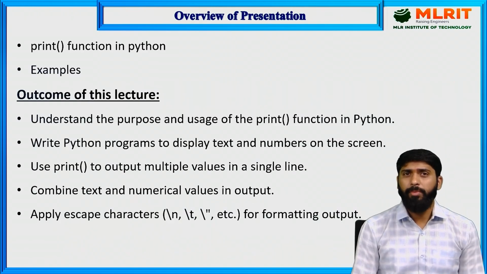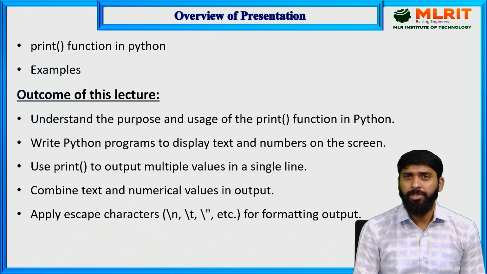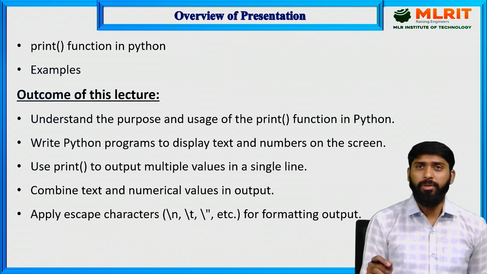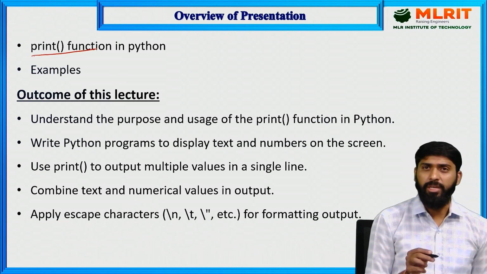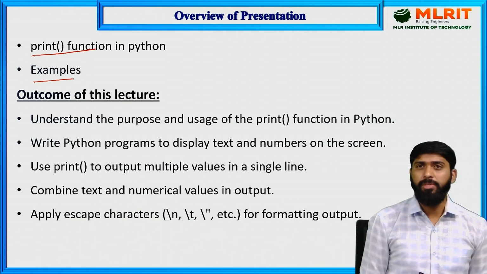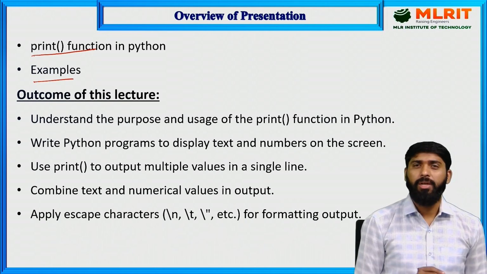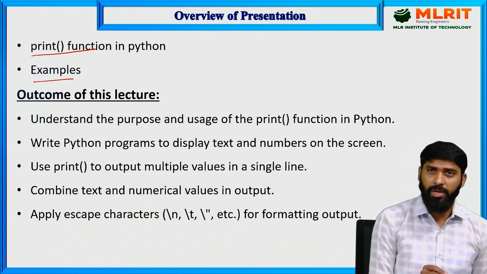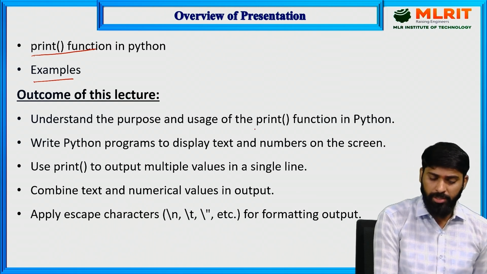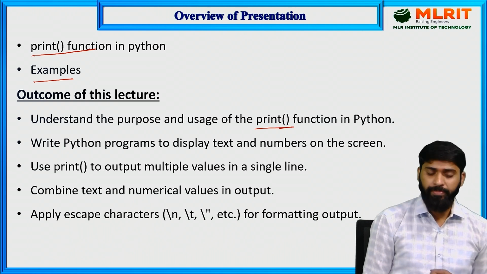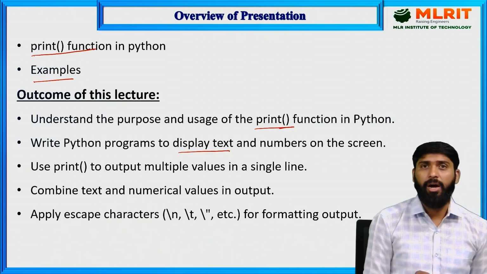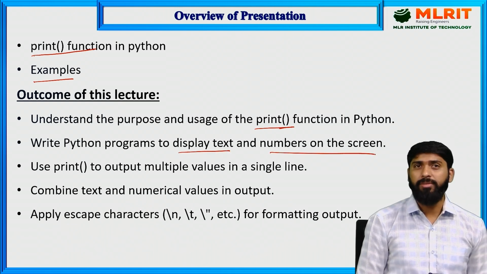Okay, overview of the presentation. In this presentation we see how to print a message in Python using the print function, and we see some examples. Outcome of this lecture: at the end of this lecture, you will understand the purpose and usage of the print function in Python and write Python programs to display text and numbers on the screen.